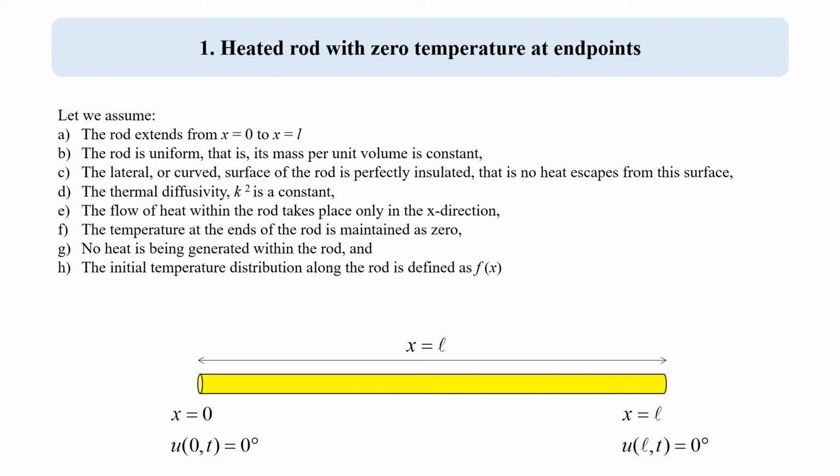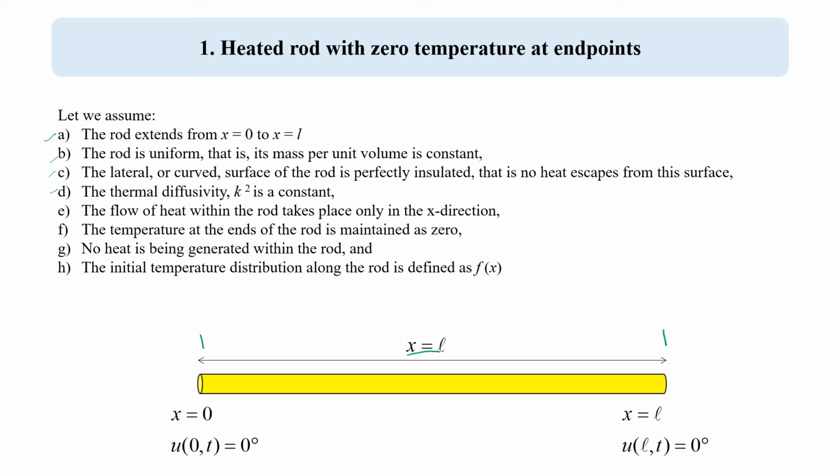For this case, let us assume that the rod extends from x equals 0 to x equals L, so the length of the rod is L. The second assumption is that the rod is uniform, that is, its mass per unit volume is constant. The third is that the lateral or curved surface of the rod is perfectly insulated, which means no heat escapes from the surface. The fourth is that the thermal diffusivity, k squared, is a constant.